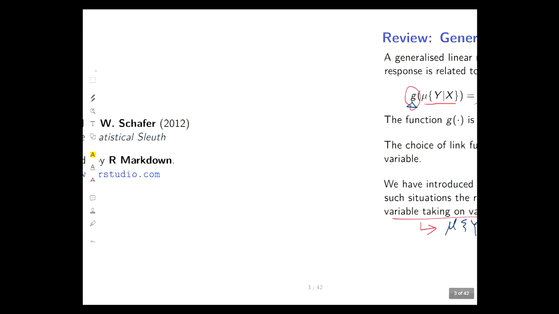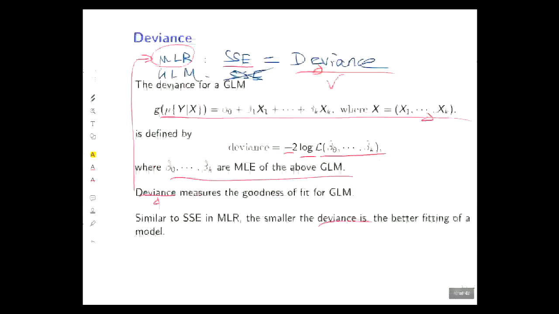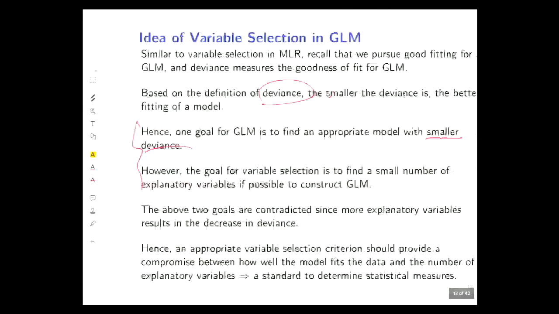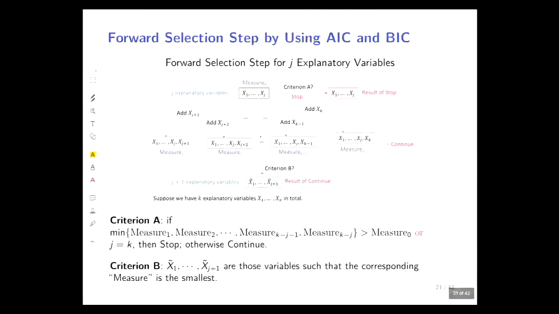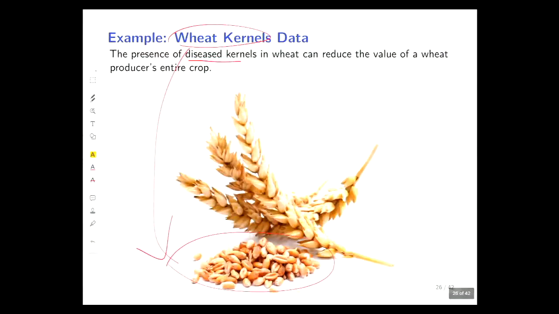And in order to explain how we can use those inferential tools and also variable selection in real application, at the end of the last lecture I talked about this. Now suppose we want to develop some artificial intelligence system to automatically distinguish the condition for the wheat kernel.